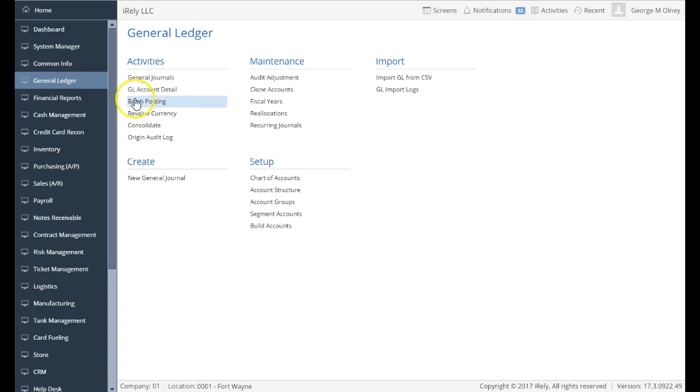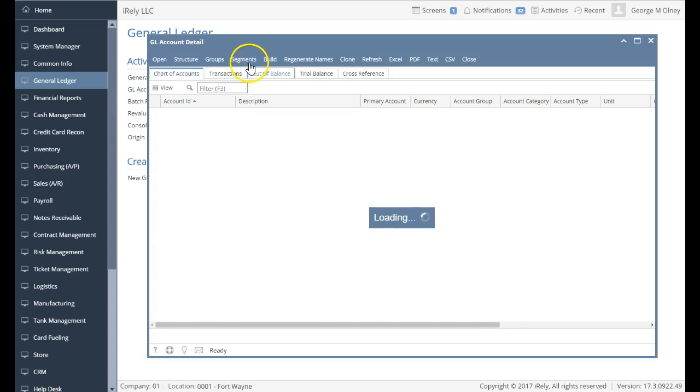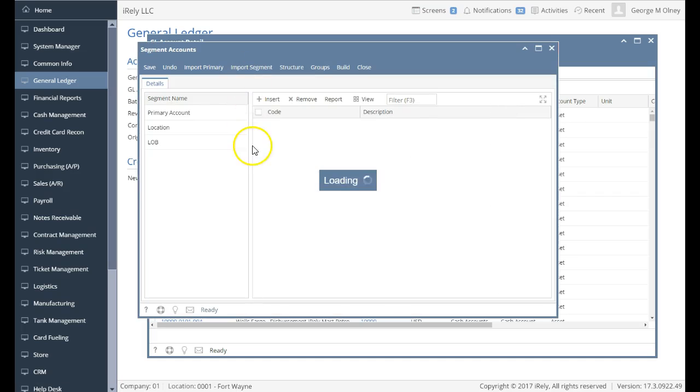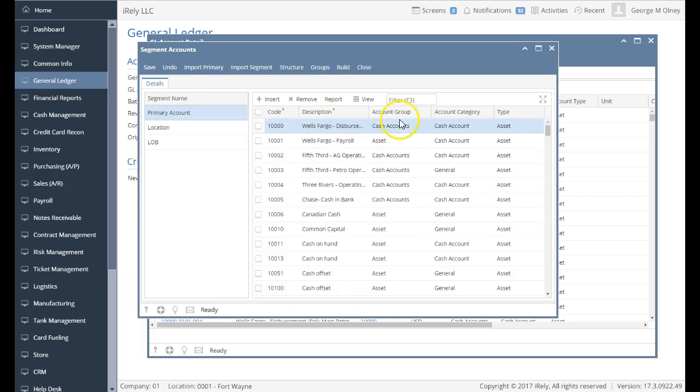Now, the next thing that we have from an integrity perspective that's significant is the fact that each general ledger account is controlled by an actual category. So if you go into the general ledger account detail and you look at the segments within the chart and you look at the primary account segments, cash accounts are defined as account categories within the system.